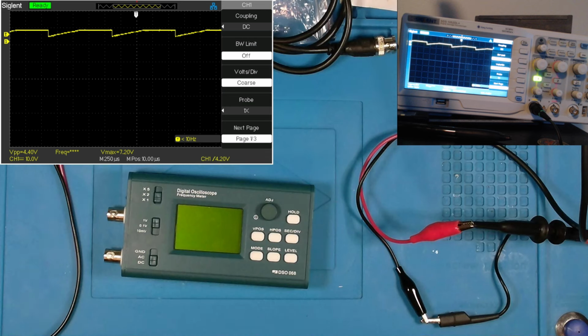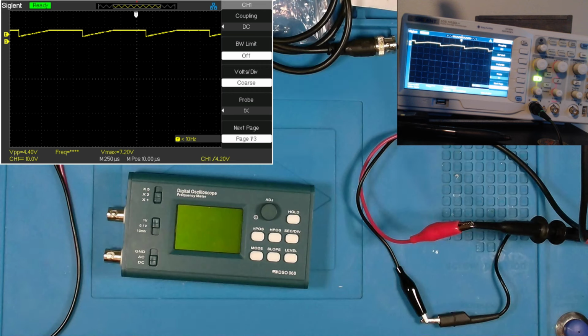Obviously, regulated DC means it's a DC waveform that shouldn't have any ripple on it whatsoever, like the ripple you see here. If there's ripple on my DC voltage, that can wear out your components over time. And so it's definitely worthy of checking when you're diagnosing a fault on a circuit board and you're looking at DC voltages.